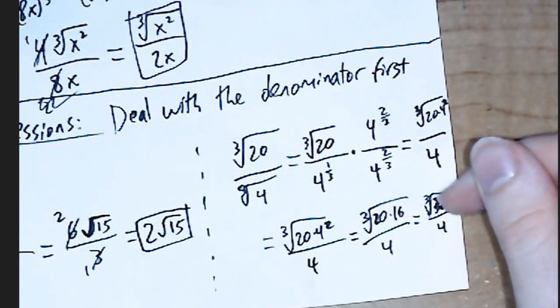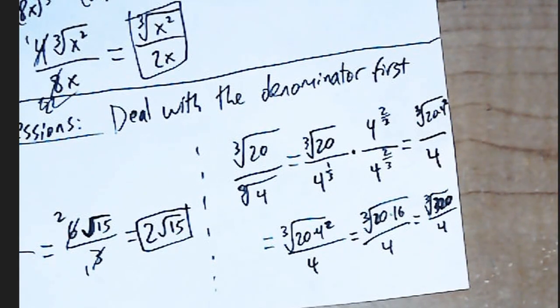So I want everybody to take a minute, break down the cube root of 320 with what little space you have, pause the video, and then we'll write the final answer.